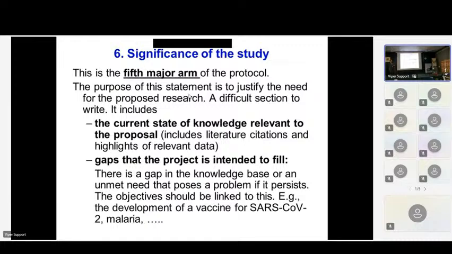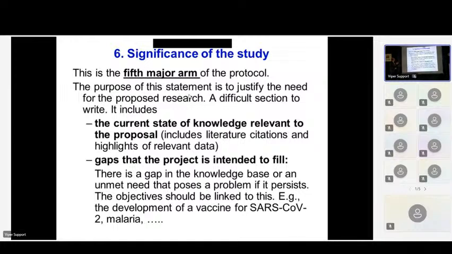How to write it? Many people write a review of literature in that section. A lot of students do that, and it is irrelevant. Only 4 or 5 lines are sufficient. You don't have to write methods. Some people write methods and all irrelevant things. The purpose of the statement is to justify the need for the proposed research, not the review of literature.